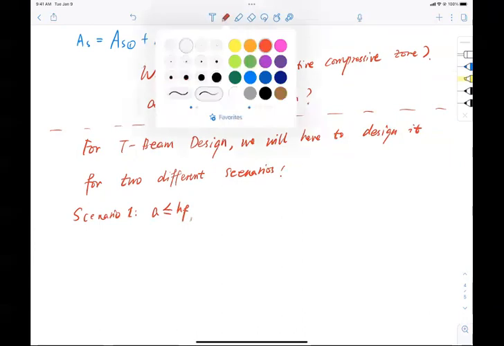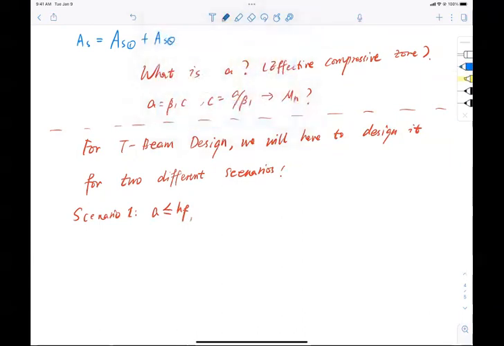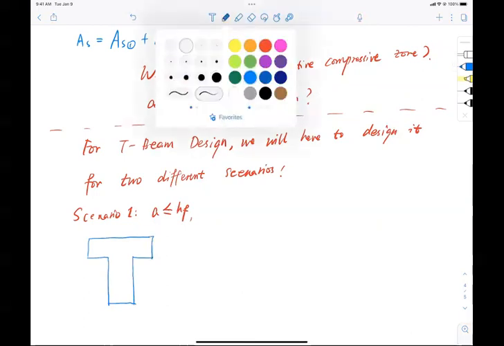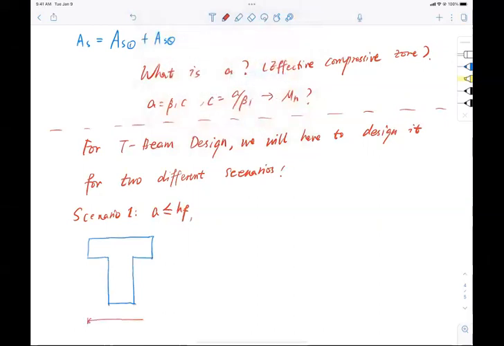So let me draw the T section out again, so you have a mental image of what we're dealing with here. So this is a nice T section, and the be is right here. Don't forget, this is the b effective. All right, and the bw is right here.